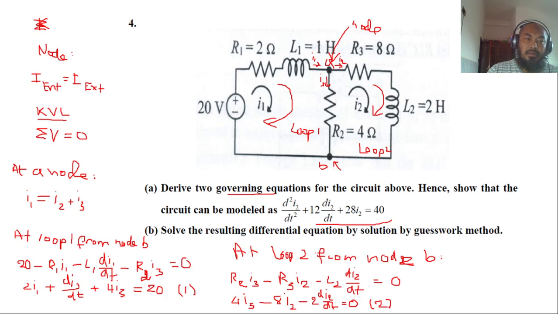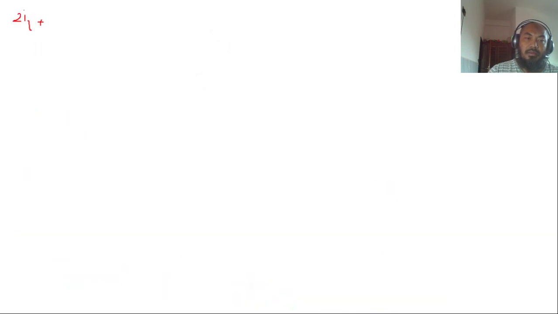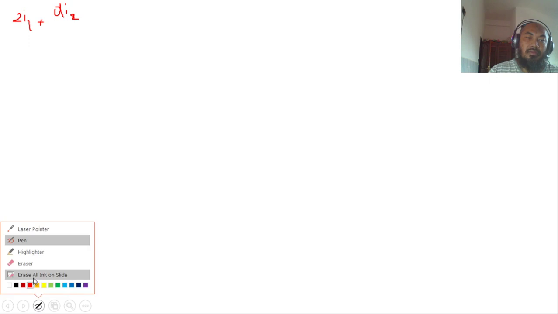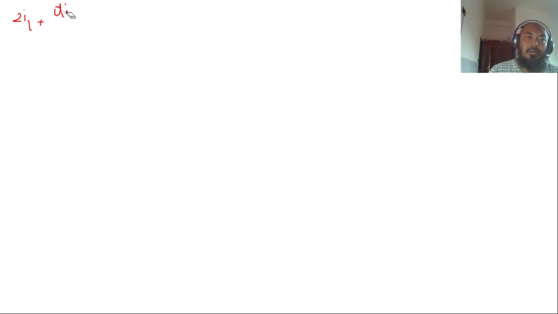Alright, let us copy this. We have 2I1 plus di1 divided by dt plus 4I3 equal to 20.